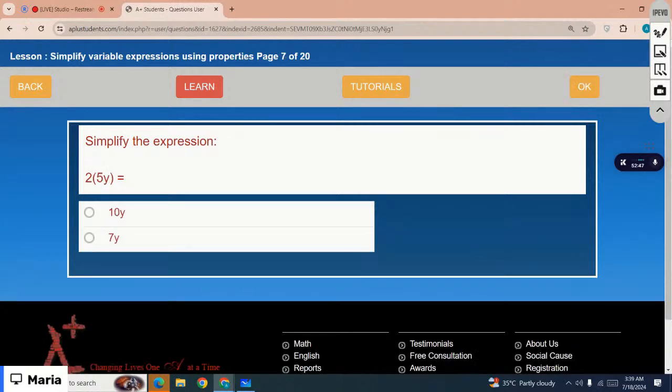Simplify the expression 2 times 5y, so which is the correct option? That's done. Option number one is the correct option.